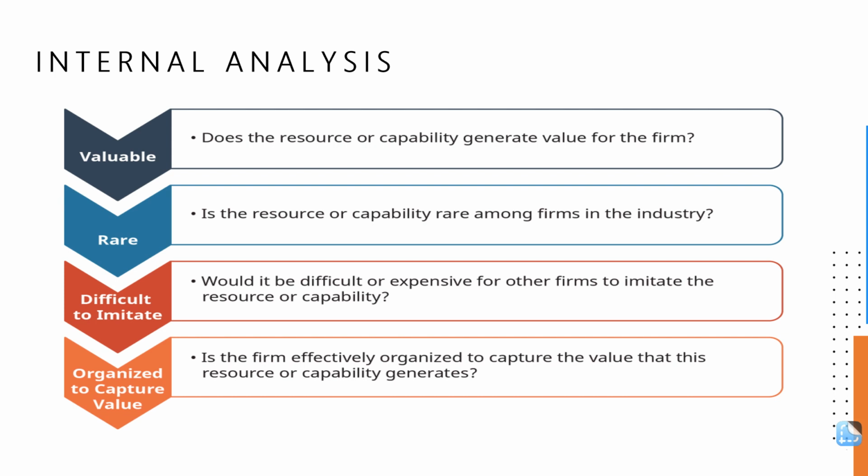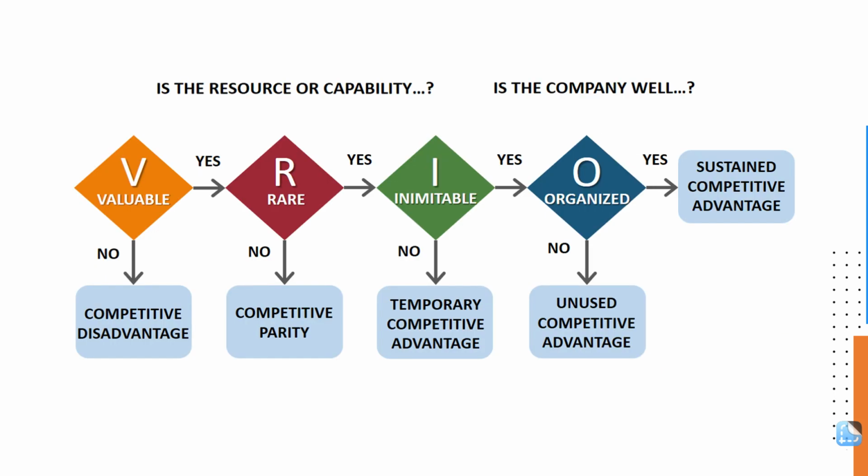I think you may understand this, but we will see it with an example. It will be easier for you. This is the flowchart for VRIO analysis. It is a decision-making flowchart, right? So, is your resource or capability valuable? If yes, go for rare.